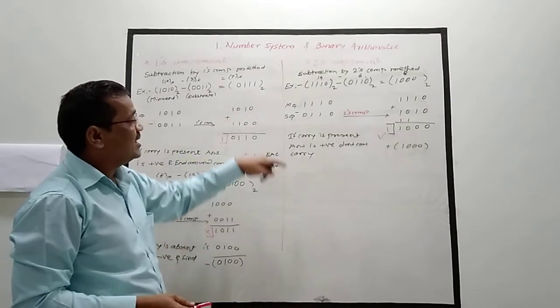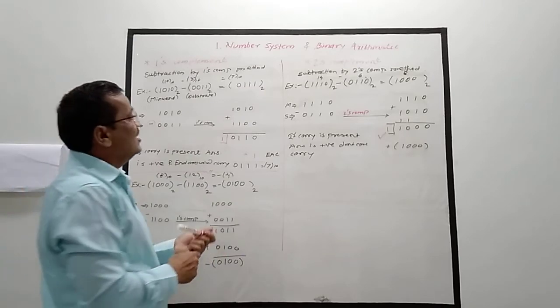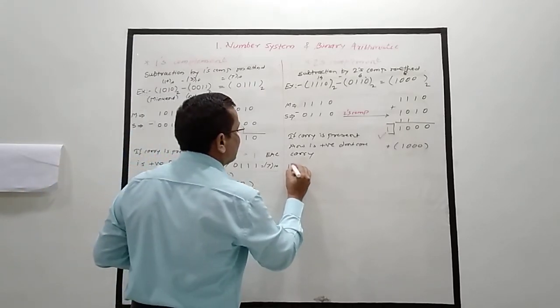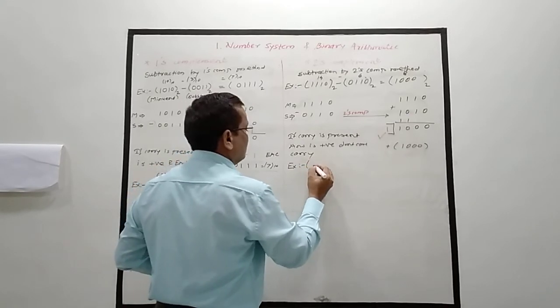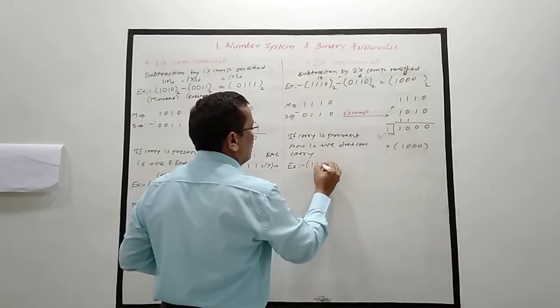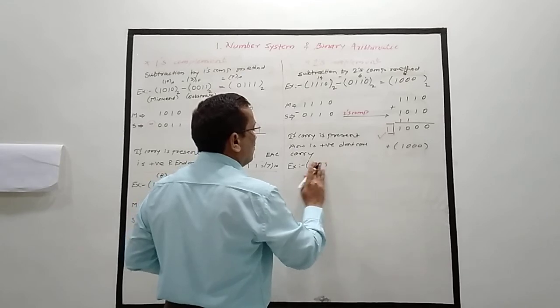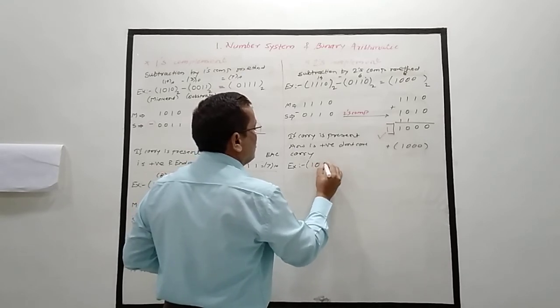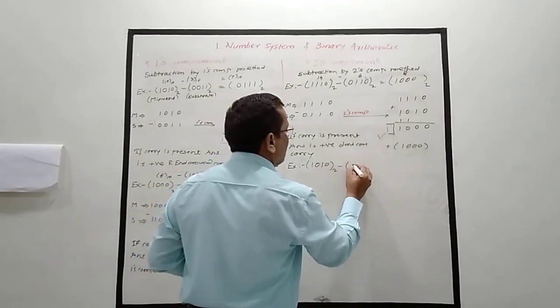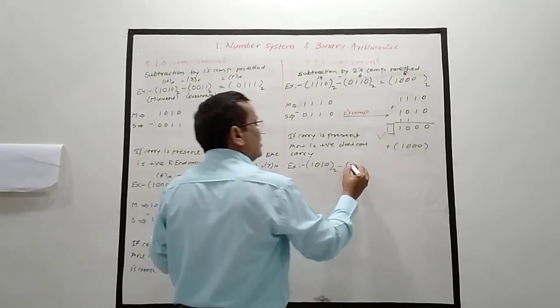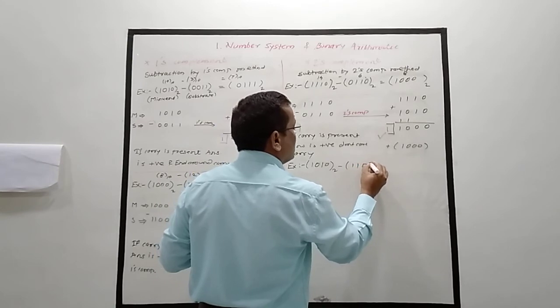Now another case, if the carry is absent. So let us consider another example. 1011 of binary minus 1100 binary.